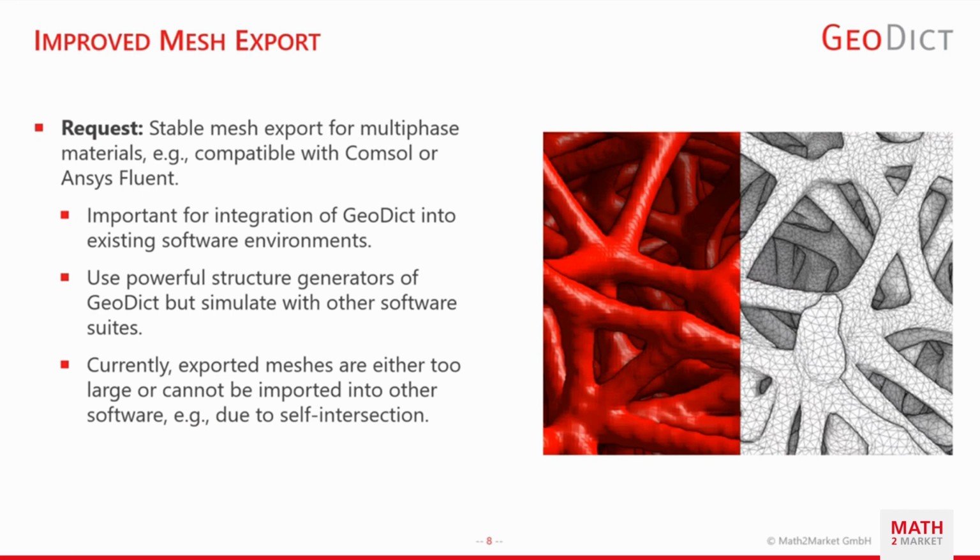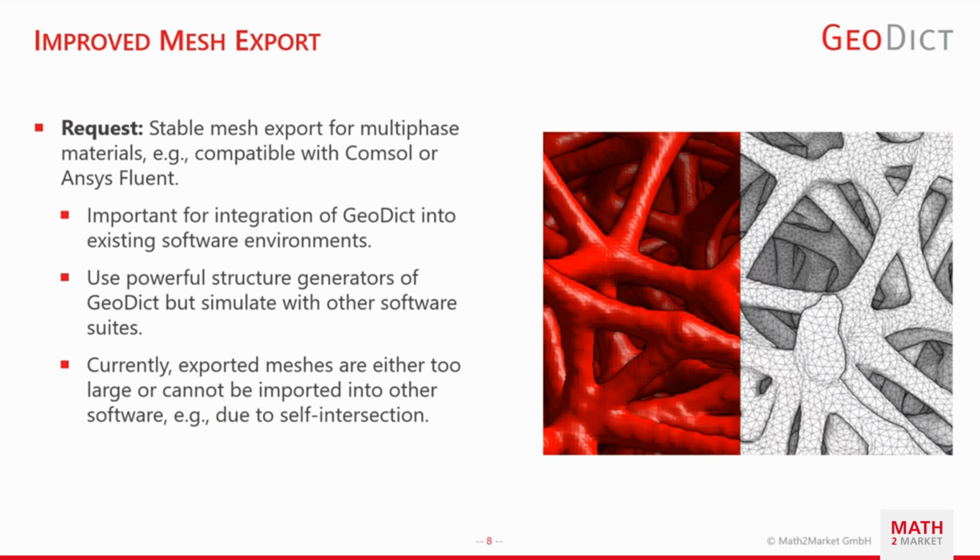This is important because customers may already have a software environment, and they want to use their own simulation software, but they want to use the structure generators from GeoDict. This can sometimes be difficult because meshes can be quite big with a lot of triangles, and the software then has a hard time importing and meshing it for the simulation.